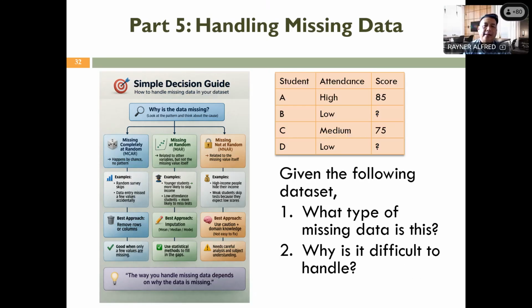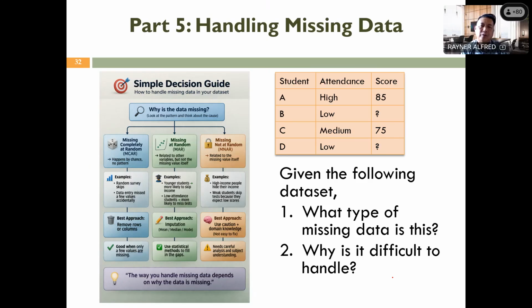Okay, for this one, given the following dataset, what type of missing data is this? So for this one, we can relate the score with the attendance, right?